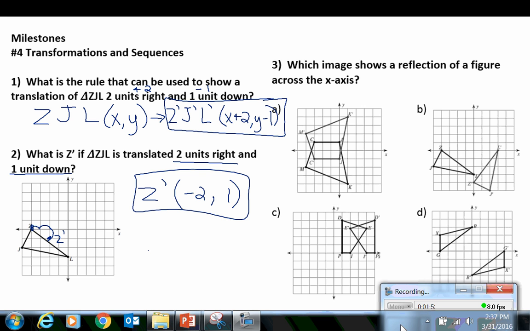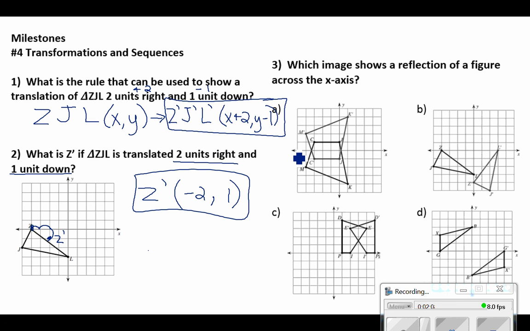For question number 3, which image shows a reflection of a figure across the x-axis? Reflection is what you see in the mirror, and x-axis, let's mark the x-axis for each one.